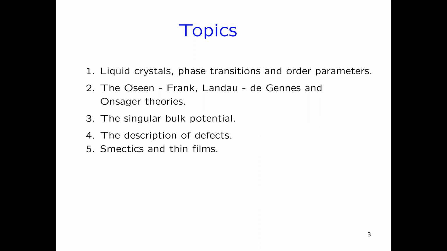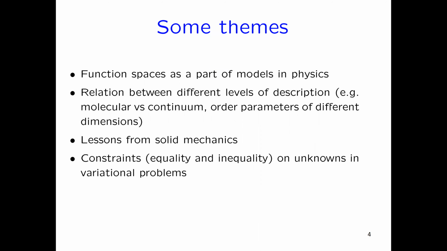Okay. So here are some themes which will run through the talk and the talks. One is that function spaces are part of the model, not just part of models in physics. I mean, this is maybe not a popular or comfortable thing to say. When we derive, for example, the Navier-Stokes equations for a fluid, we tend to assume that everything is smooth.